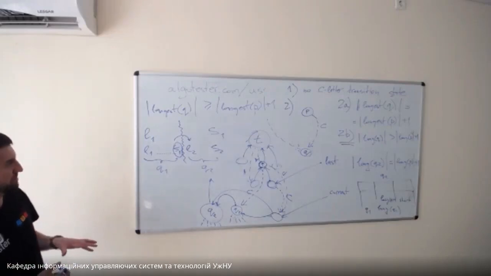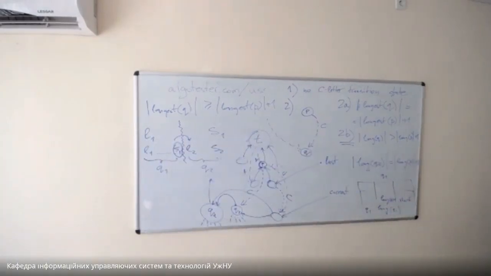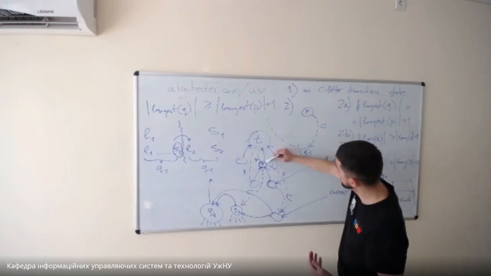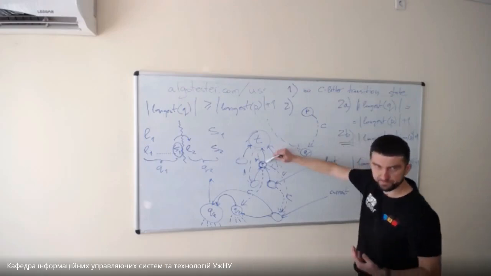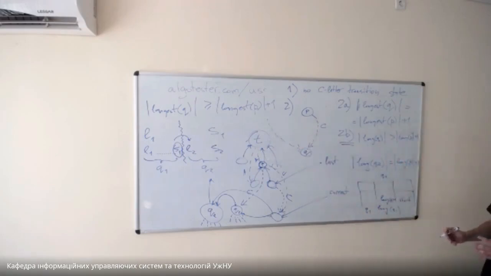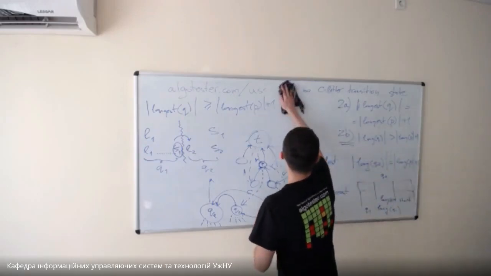We have to do some extra transition changes, which means that starting from vertex P, we move up using suffix links. Okay, let me use some space here.